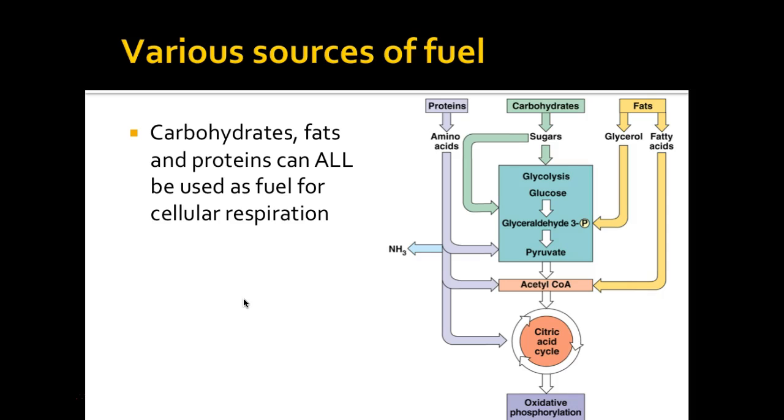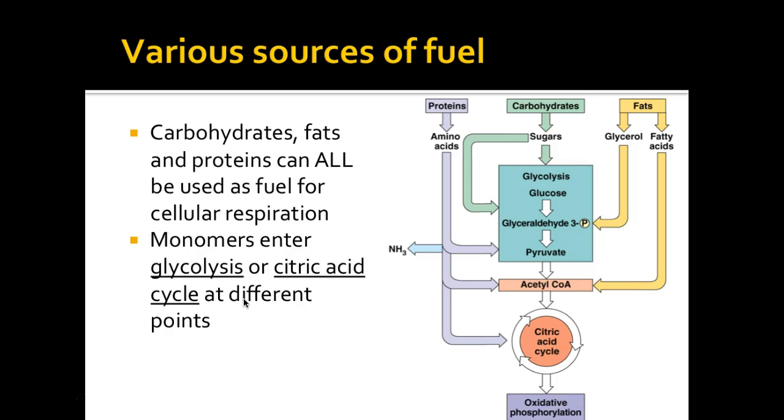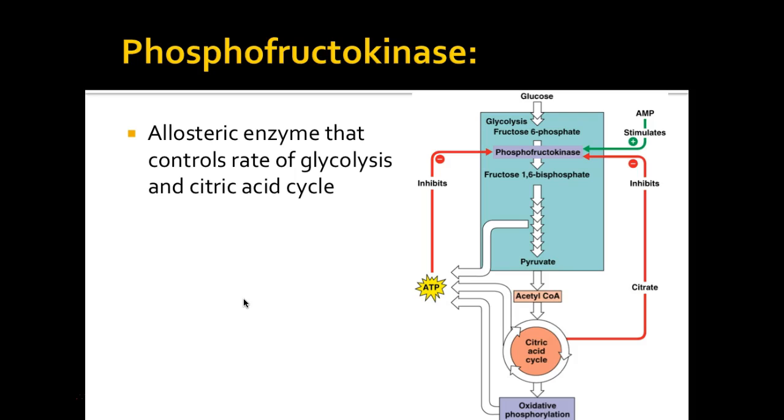So, various sources of fuel. Carbohydrates, fats, and proteins can all be used as a fuel for cellular respiration. And overall in the diagram, you could see how those particular biomolecules would come into play throughout the steps of that process. So monomers enter glycolysis or the citric acid cycle at different points. A key thing there is an enzyme called phosphofructokinase, an allosteric enzyme that controls the rate of glycolysis and the citric acid cycle.